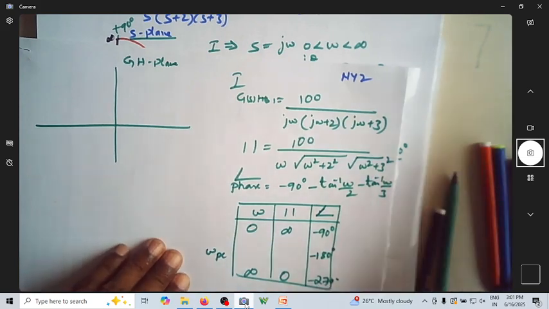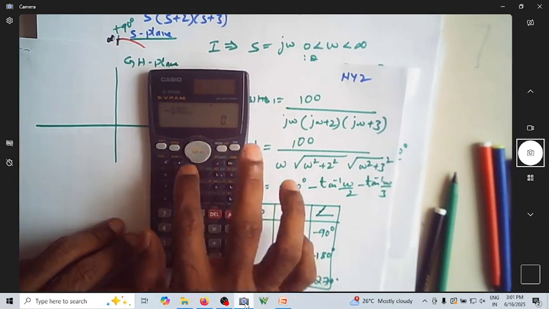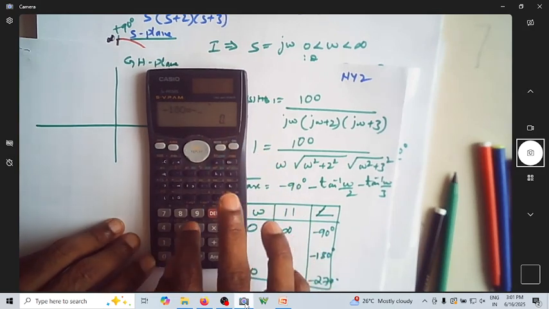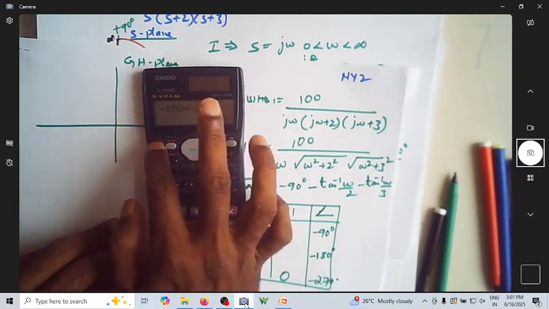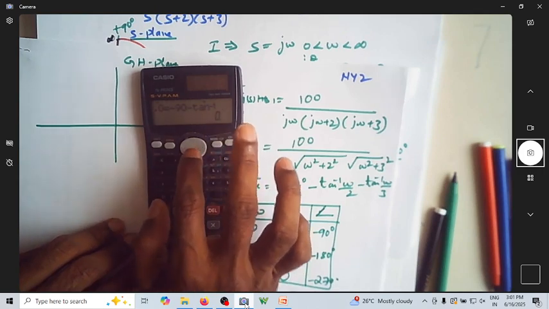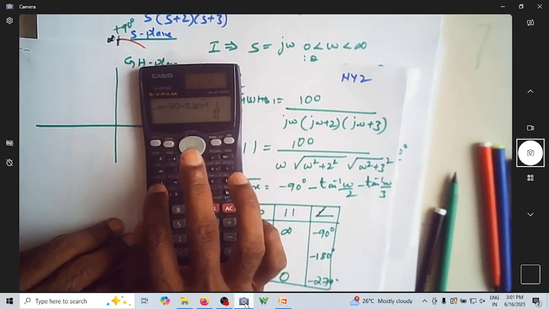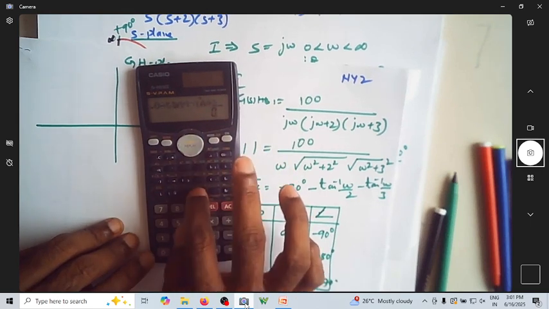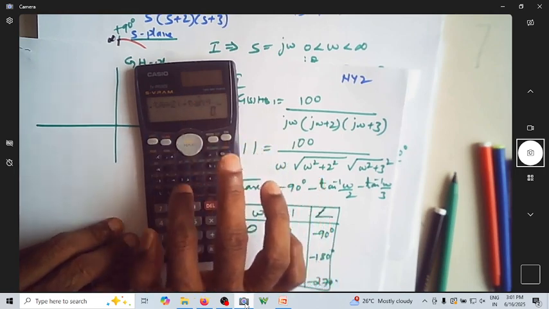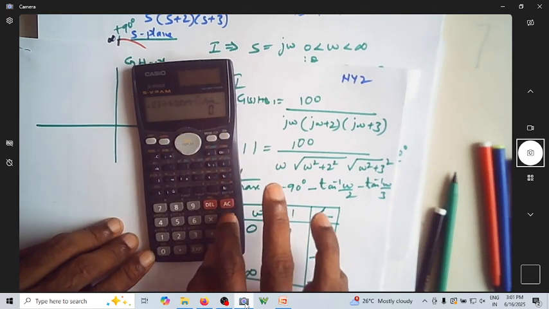Let us find the omega for which the phase is minus 180 degrees, which we call omega PC. So minus 180 equals minus 90 minus tan inverse of (alpha by 2) minus tan inverse of (alpha by 3).